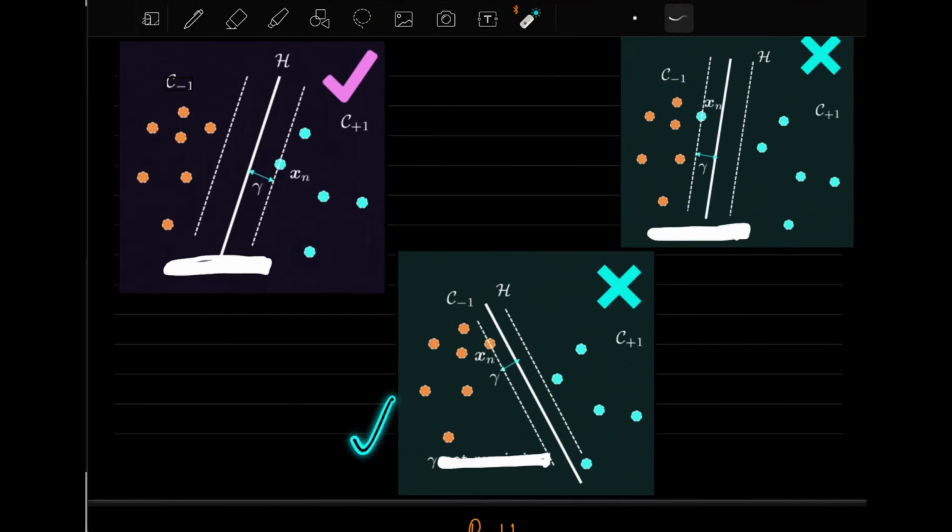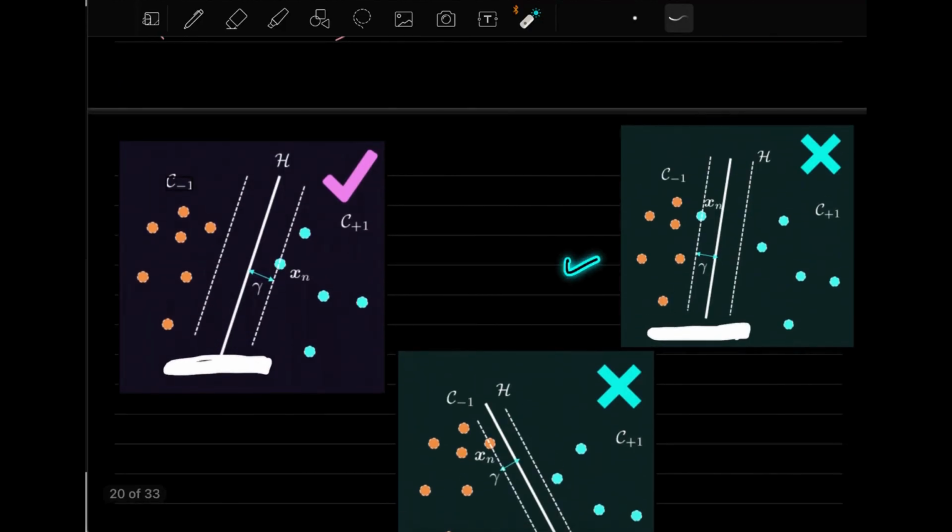So this is not the correct version. And here, if you see this side, it's also not the correct version, because your hypothesis function here is shifted to this side, and this side has more margin and this side has less margin. So it's also not the correct option for the support vector machine.